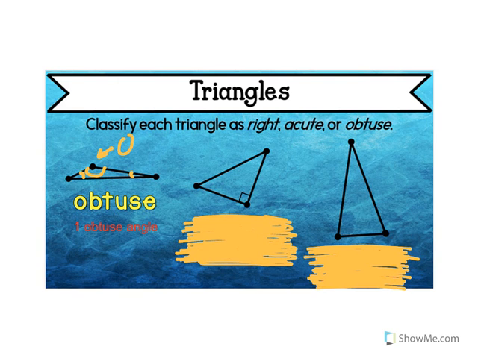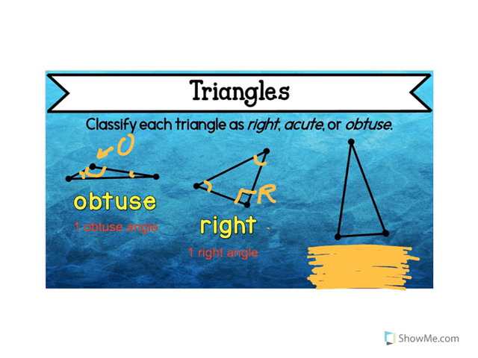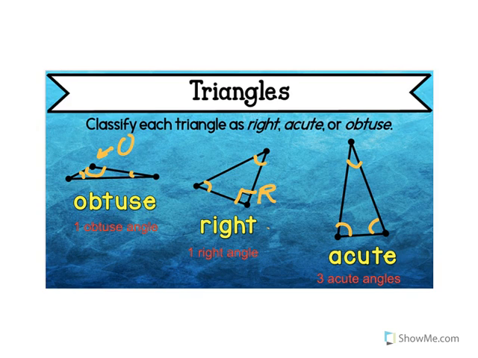Okay, this next one, I have an acute angle, and a right angle. Because I have a right angle, it automatically makes it a right triangle. Good job. Okay, and the last one, I have an acute angle, and an acute angle. Since all three are acute, it is an acute triangle.